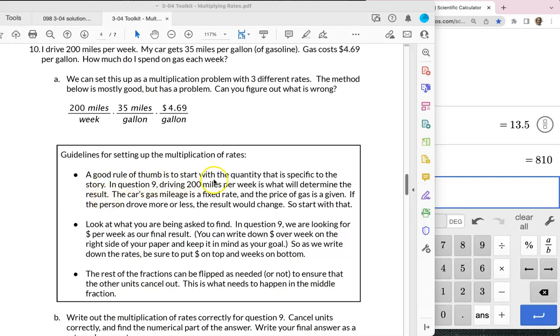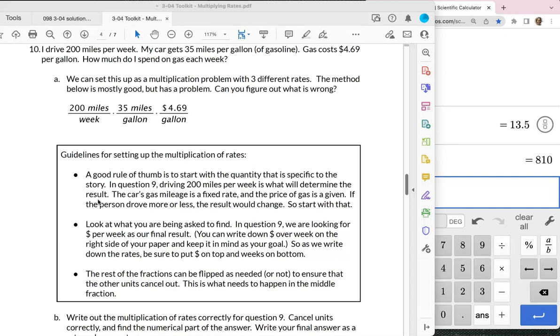A good rule of thumb is to start with the quantity that is specific to the story. In question 9, I think I mean question 10 here, driving 200 miles per week is what will determine the result. So that's the thing that's specific to the story. The car is getting 35 miles per gallon.